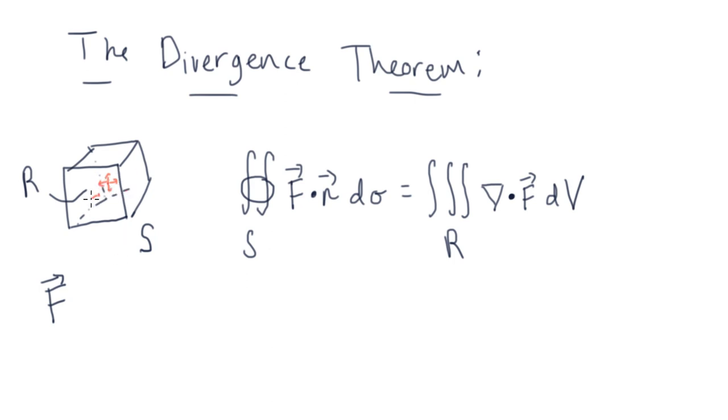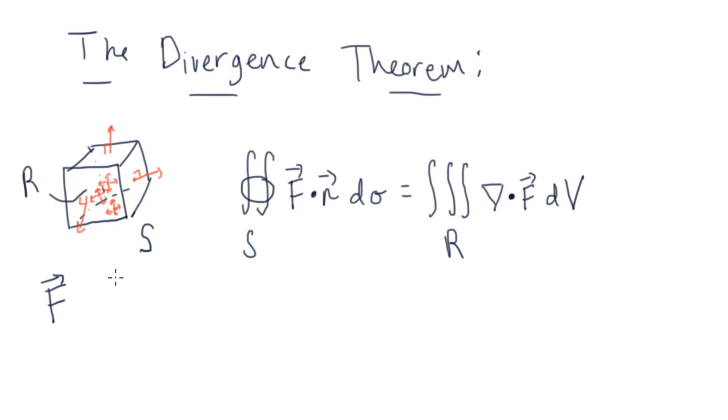And somehow if I add up the divergence at each point, that's essentially going to tell me how much of the field is flowing out of the surface of the region. Like that. So it really is analogous to Green's theorem for flux.